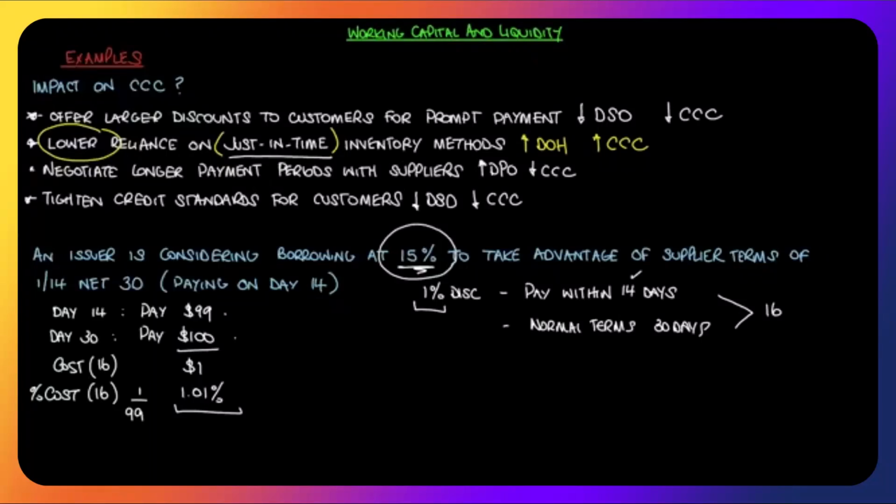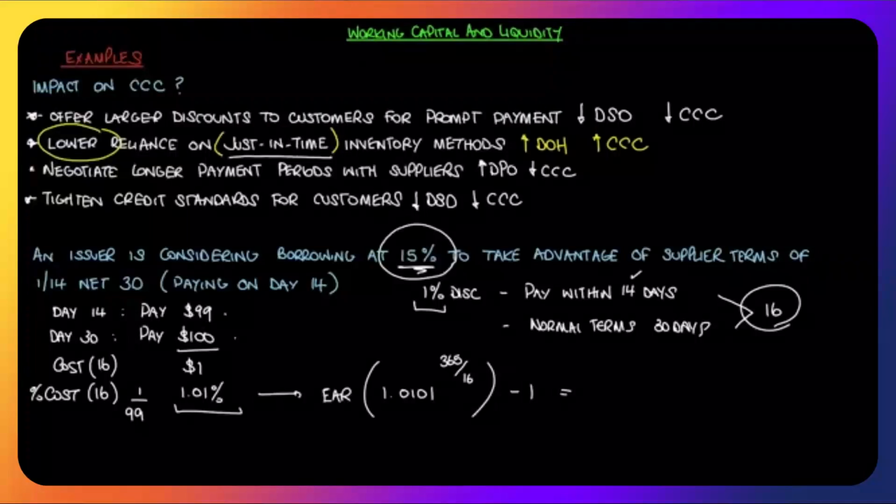Whenever they throw an interest cost at us, it will be stated annually. So to compare, we are going to need to annualize this, the effective annual rate, 1.0101, or if you're using the general formula, 1 plus the discount percentage divided by 100% minus the discount percentage, annualized using 365 days over 16 days, the number of days we have to pay earlier, minus 1.